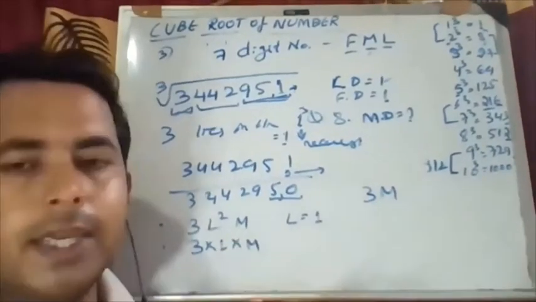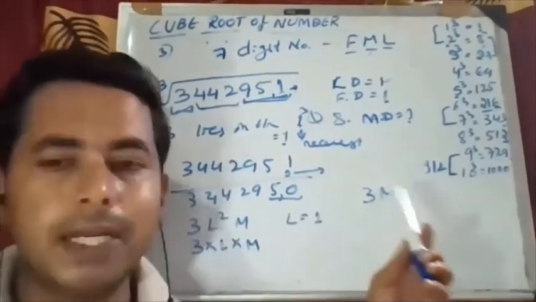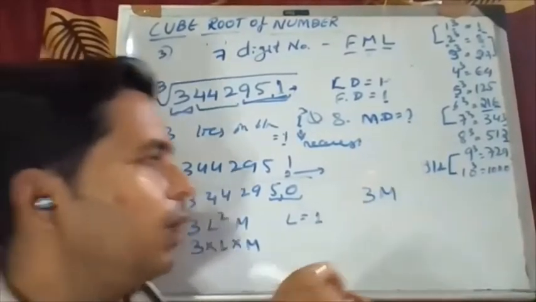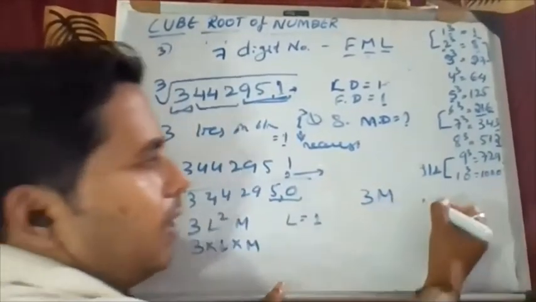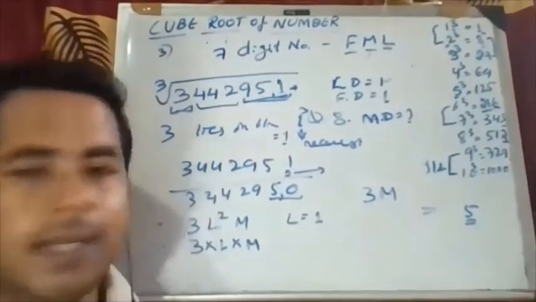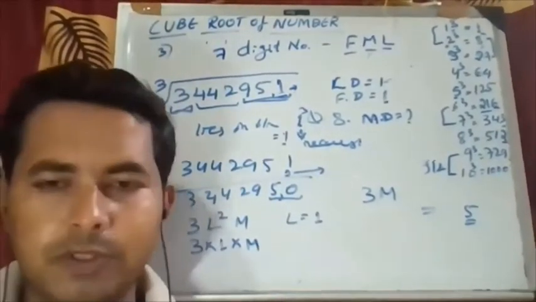So if you find an M value, that should be a multiple of 3. If you multiply that M number, आपका आंसर में यूनिट डिजिट क्या आना चाहिए? 5 आना चाहिए. So only one possible is there.